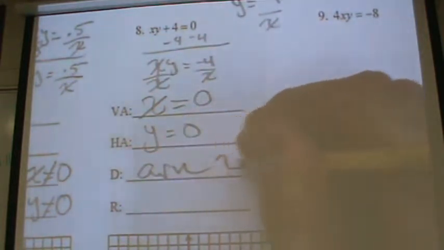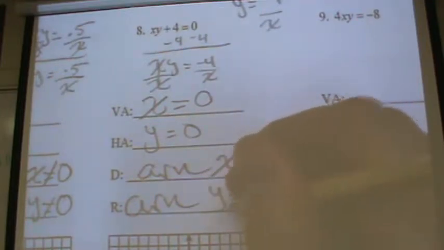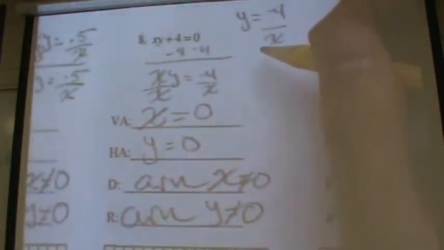So the vertical asymptote, x will equal 0 as well. y equals 0. Domain: all real numbers, x cannot equal 0. Range: all real numbers, y not equal 0. And if you want, you can do it just like all the other ones, where you plug in a 2, right? You can get a 2, 2.